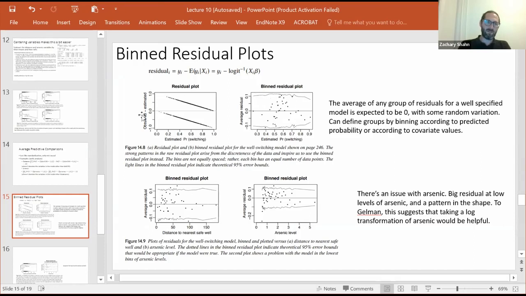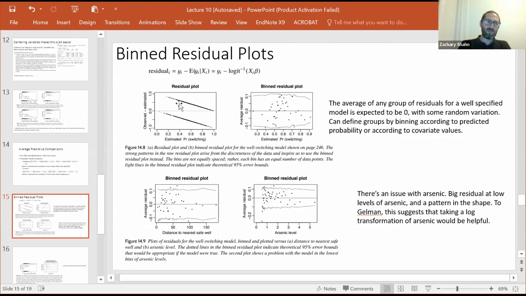And here you have all the residuals. You could split up the x-axis into little segments and just take the averages of the residuals in each segment. Each segment would contain a bunch of points, and you could just take the average of all of those points. And the expectation within any given group of points that are near each other is that their average is 0.